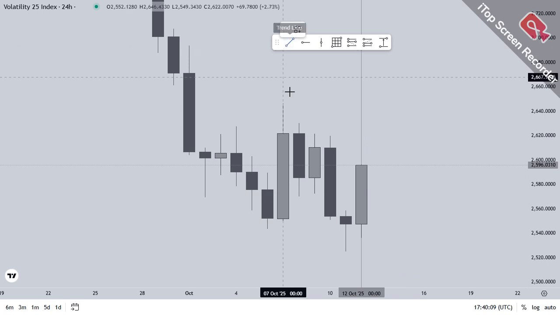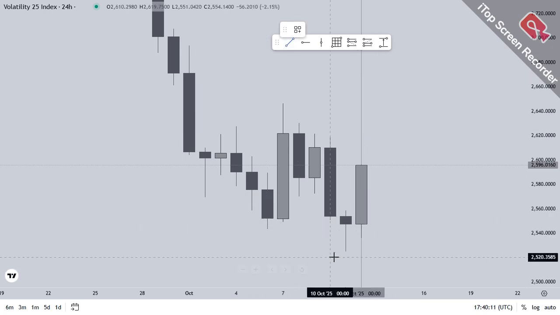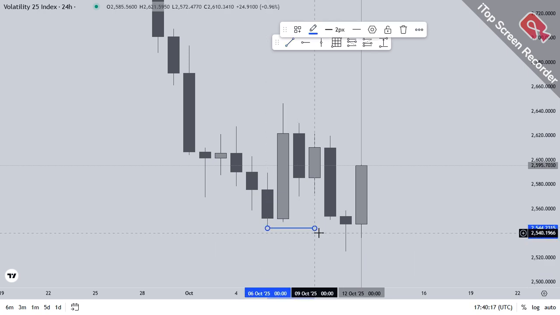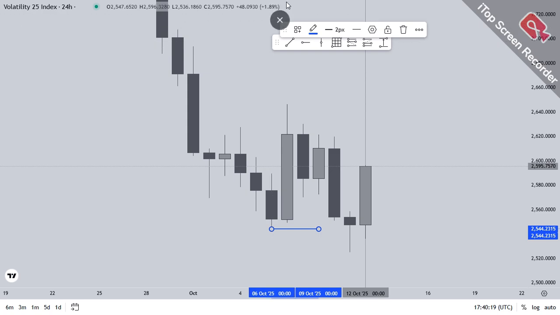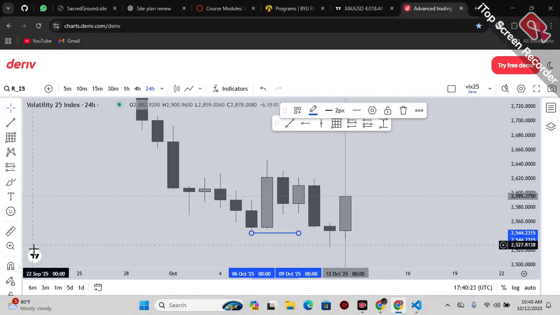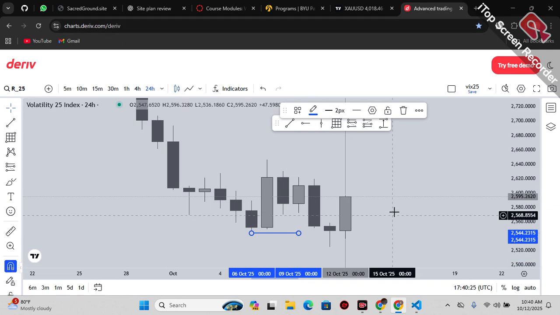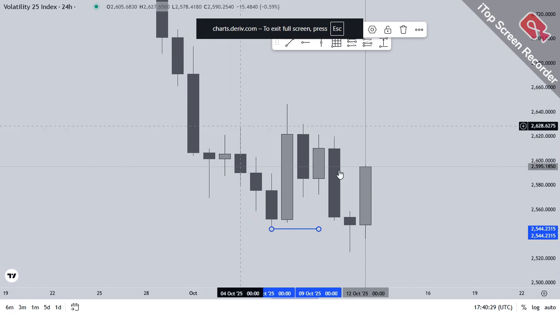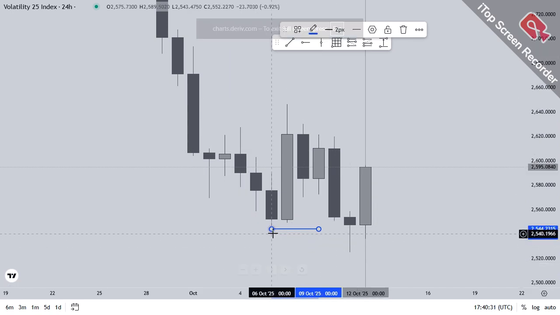So first things first, what do I see on this price action? So I can see that we have this low here, right? We have that low. Okay, good. So we have this low right here.